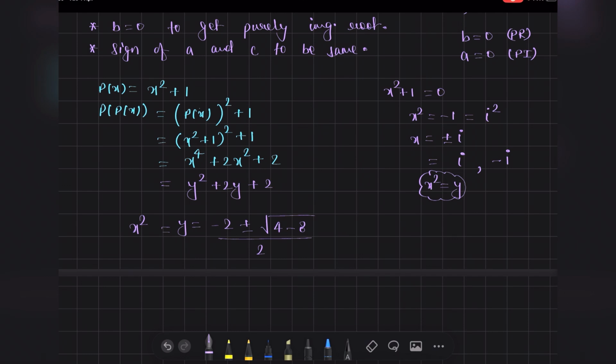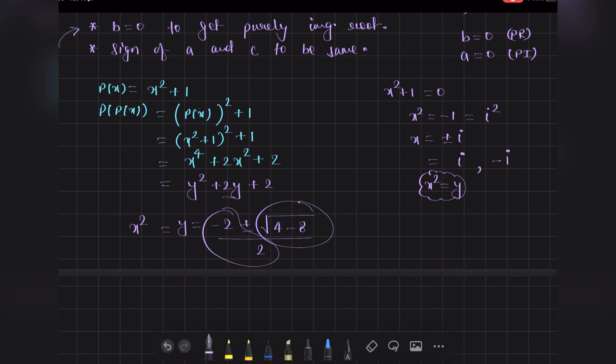Now look, every time you will have something here, which means you cannot have a purely real root. There is an imaginary part and this part is non-zero. We have figured out that the coefficient of x should be 0, meaning b should be 0, to get a purely imaginary root.